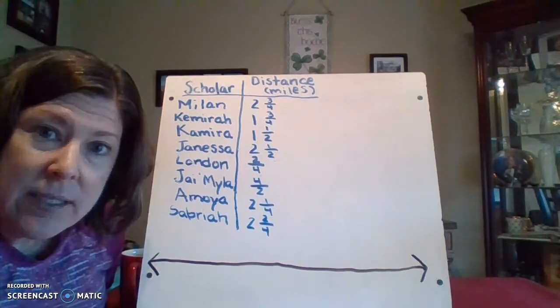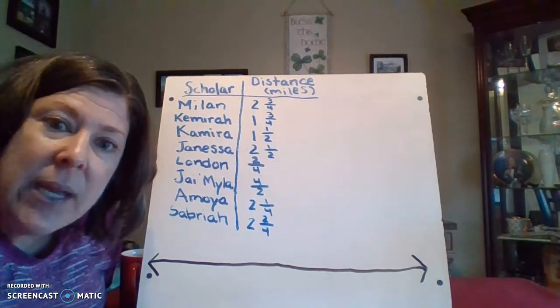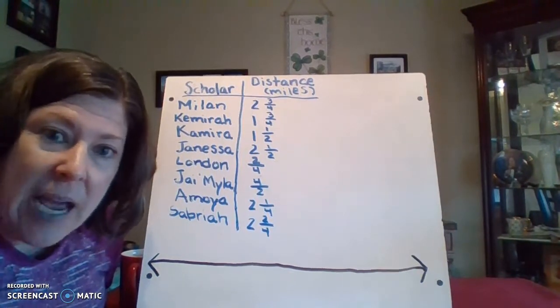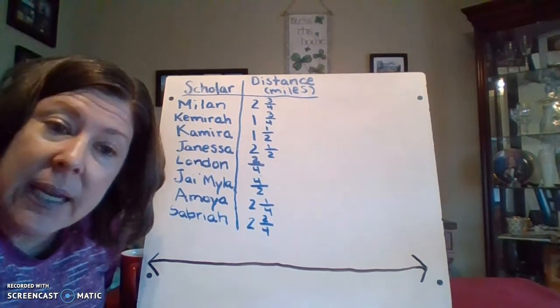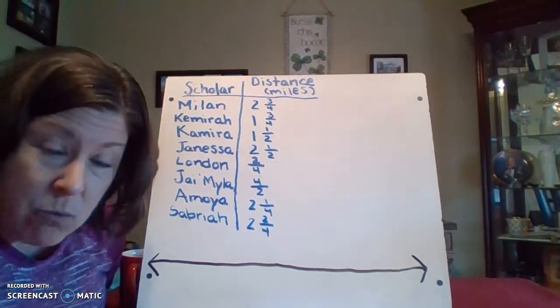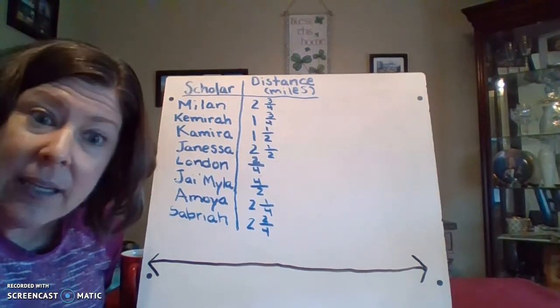So let's take a look at the data we have here. We have a list of scholars, and then we have distance in miles. Distance is how far something is. So maybe these scholars were running, maybe walking, maybe biking.